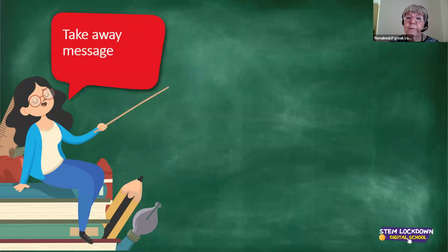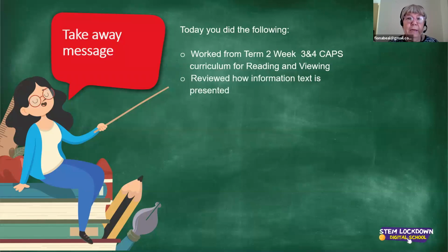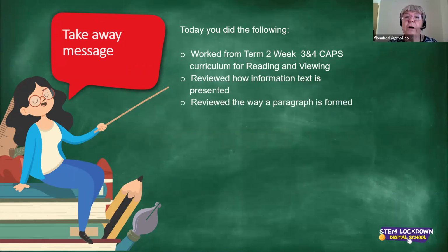Now, just let's review what we did today as we bring our lesson to a close. You worked from term 2, week 3 and 4, CAPS. You reviewed information text and how it's written. Zamili's raised her hand, but we'll ask you after I've read this. We reviewed how a paragraph is formed. You watched a short video on penguins.